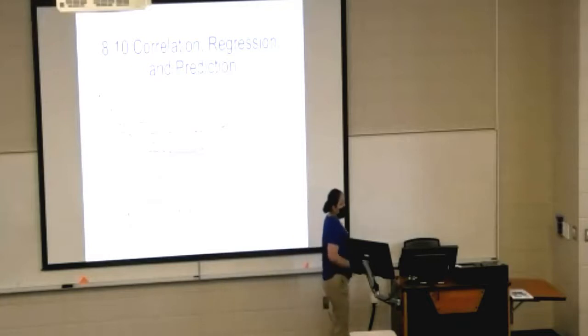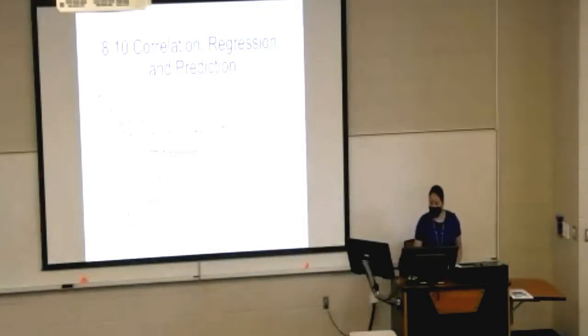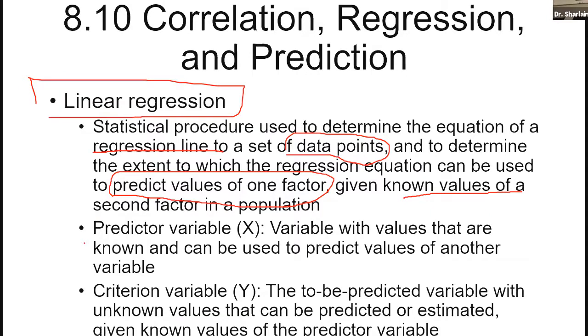So that is the point of a linear regression, is to provide that prediction. Generally, our value of X is what we refer to as the predictor variable. Generally, this is what we refer to as our independent variable.